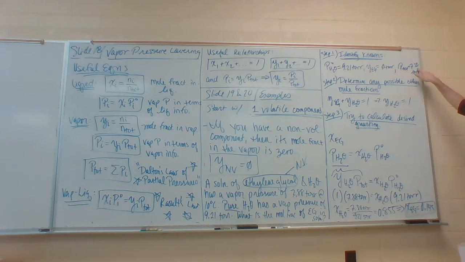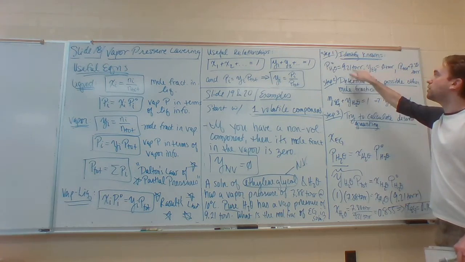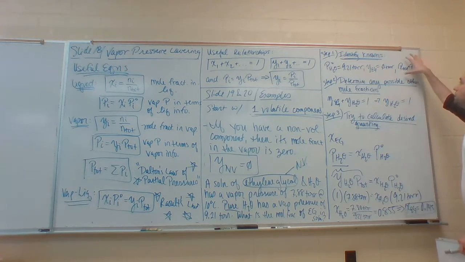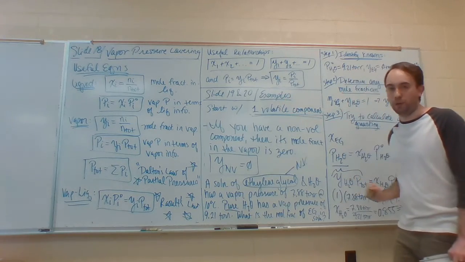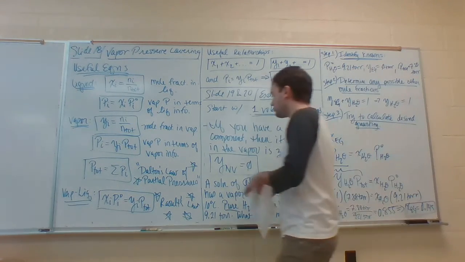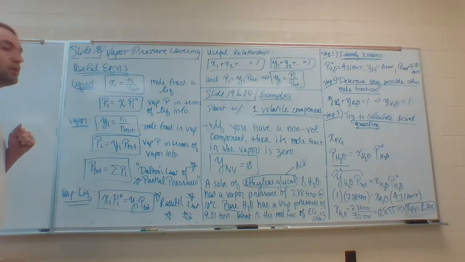This is 7.88 torr, whereas if we had just had pure water, it would have been 9.21. So our vapor pressure got lowered by adding a non-volatile component. So that's our first colligative property. We're going to tackle some other ones in our next video.